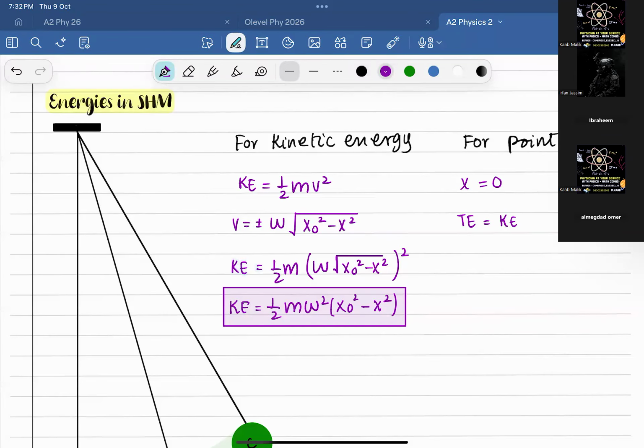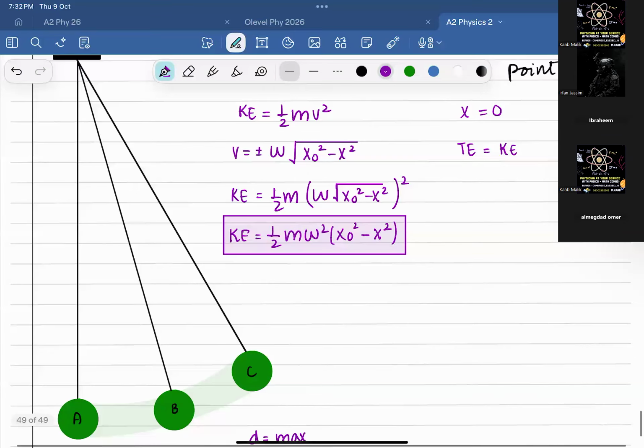kinetic energy only, right? If we substitute into the kinetic energy formula, then the total energy is equal to the formula of kinetic energy, which is half m omega squared, and then x naught squared minus x squared. And in place of x, we can just replace it with 0, right?